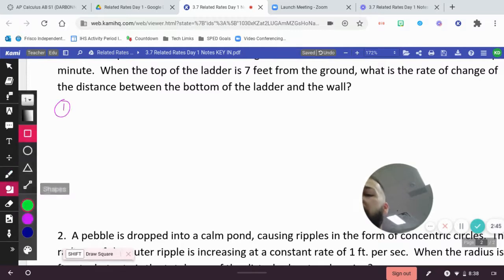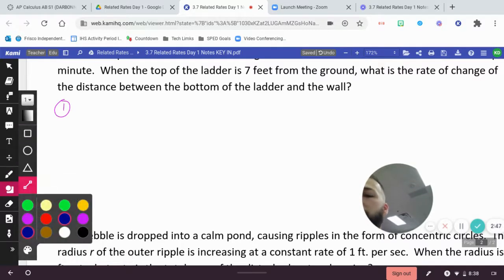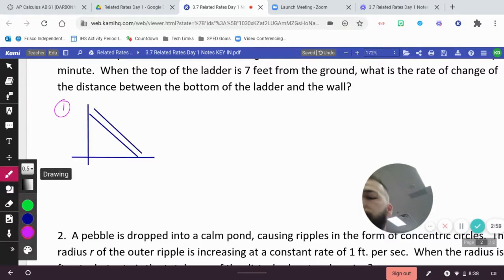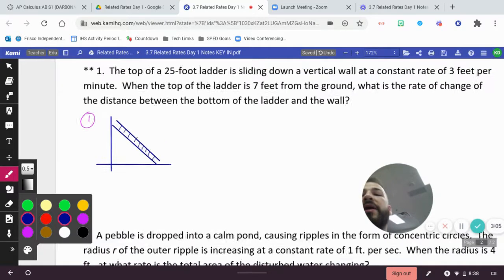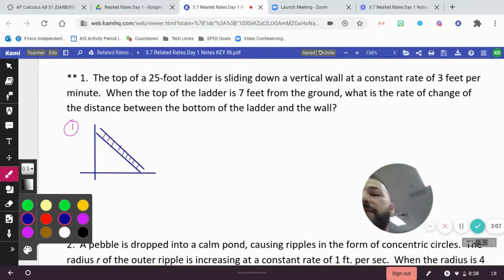So we have a nice little wall with our ground. Nice little ladder. Okay, our ladder is 25 feet.